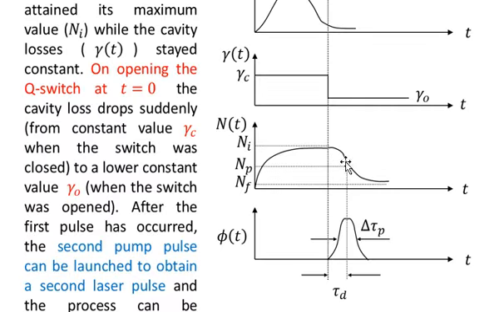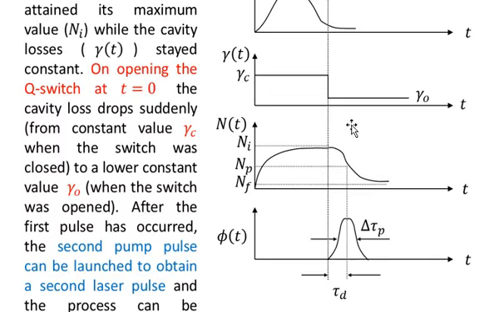And when the inversion further decreases to its minimum value Nf, the number of photons will also decrease and ultimately become zero when the inversion reaches its final value, which is Nf. And here I have shown delta tau p as the line width of the photon pulse. And tau d is the time taken by the photon pulse to reach its maximum or peak value.